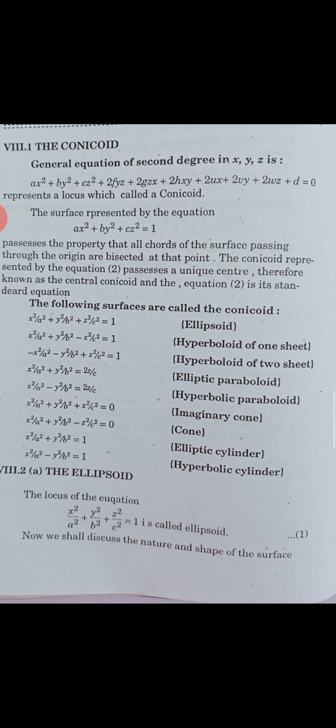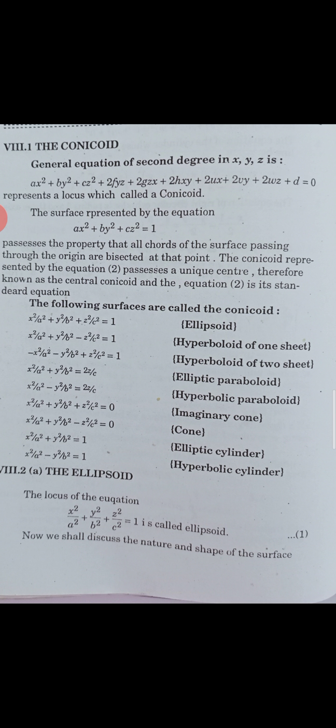Second, symmetricity. Since there are only even powers of x, the surface is symmetrical about the yz plane. Similarly, the surface is symmetrical about the xz and xy planes. If the point α, β, γ satisfies it, then α, β, −γ also satisfies it, which means that the xy plane bisects all chords perpendicular to it.